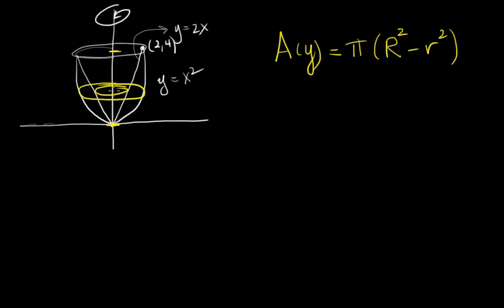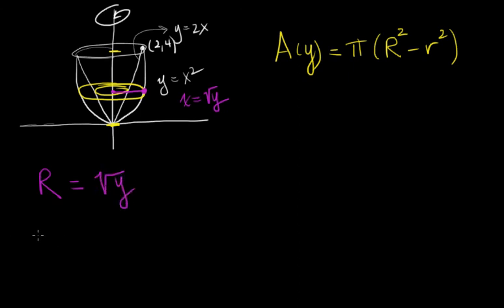But now what are those? Well, let's see, take a different color. The big radius is from the y-axis out to x on the parabola. So the big radius is x on the parabola, y equals x squared. So let's see, x is equal to the square root of y, isn't it? Y is positive, so it's the positive square root of y.